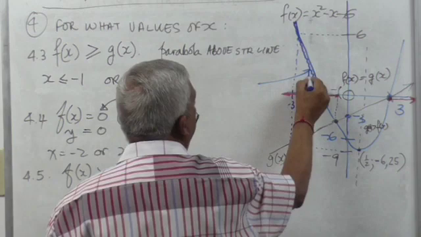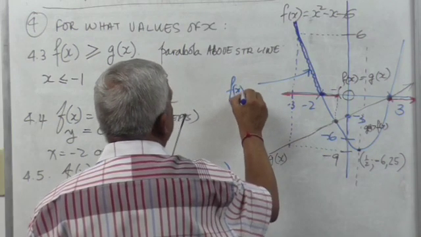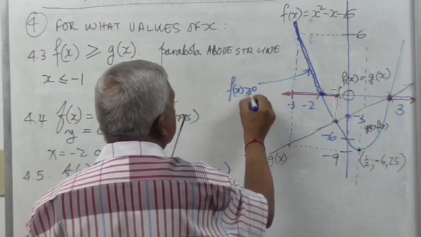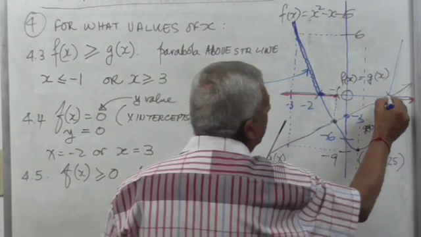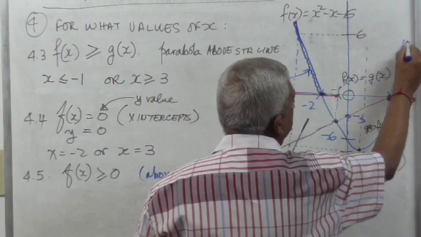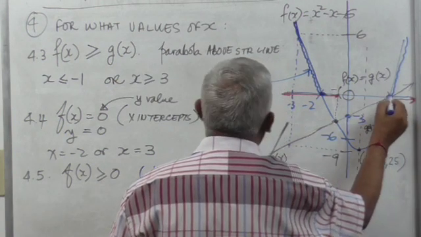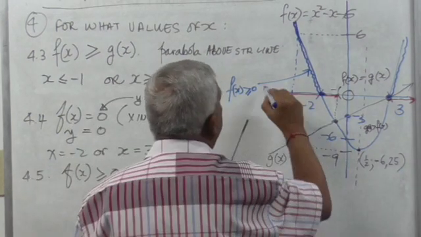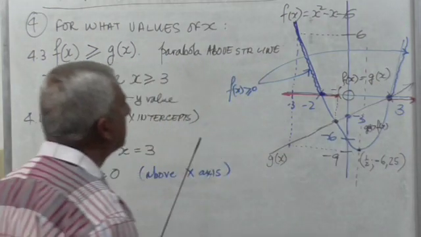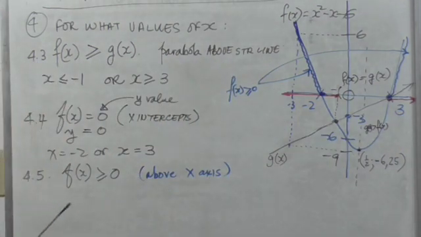That is f of x greater than 0. Here it is equal to 0. That is greater than 0. Here it is equal to 0.